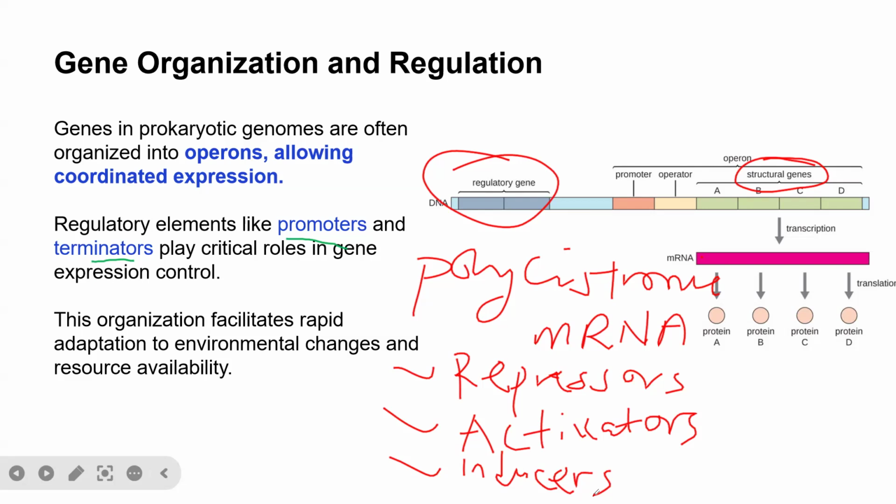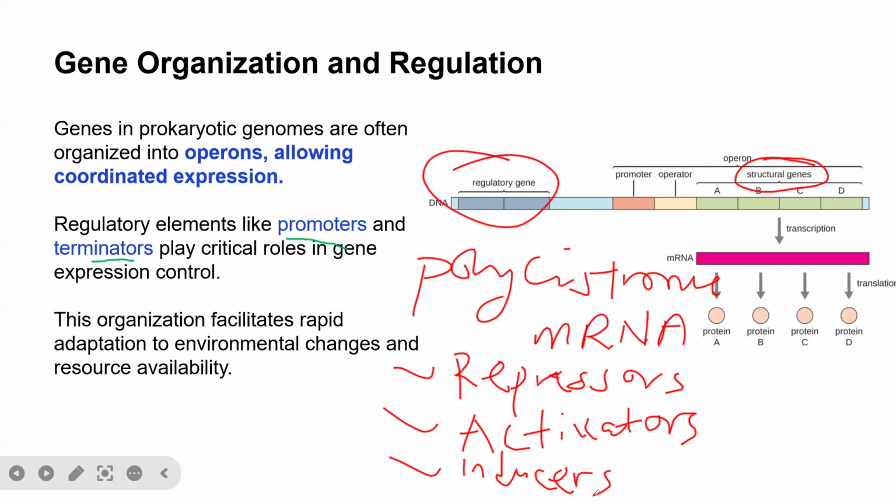So ladies and gentlemen, we should understand the operon system. There is more than one gene expressed together with the same purpose under one promoter using one regulatory region. So you can see gene A, gene B, gene C, gene D, and then transcription leads to the generation of polycistronic messenger RNA.